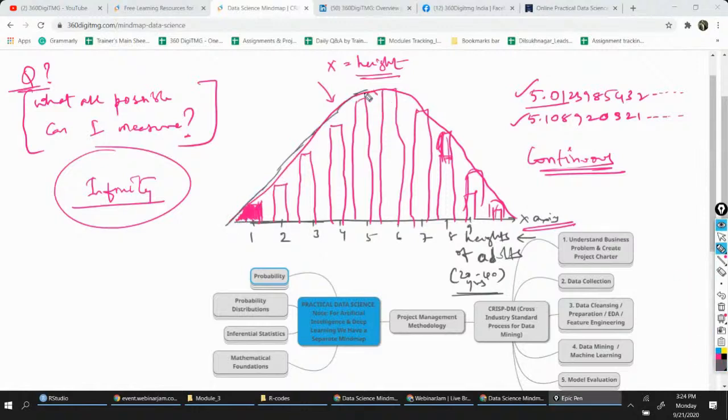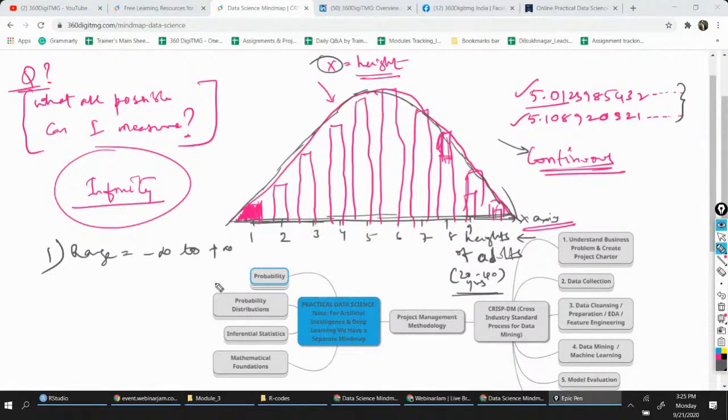The gray color that you're seeing would be your probabilities for all the possible values that you can draw on the x-axis. So here you have to understand, if x is a random variable which is continuous in nature, that means it can be measured to any desired accuracies, then the range is going to be minus infinity to plus infinity.